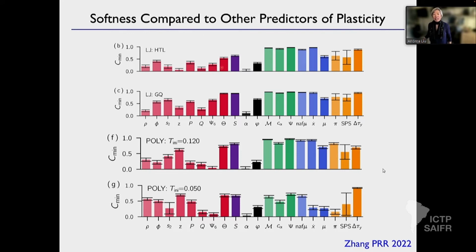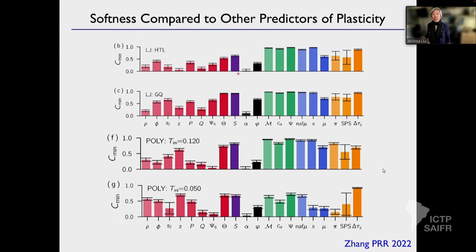Theta in particular is something that characterizes, it's sort of like size 6. It's a measure of bond orientational order. Purple is softness. They made softness purple because it's not purely structural in the sense that we use dynamical information to train it. Once we've trained it, it's purely structural.